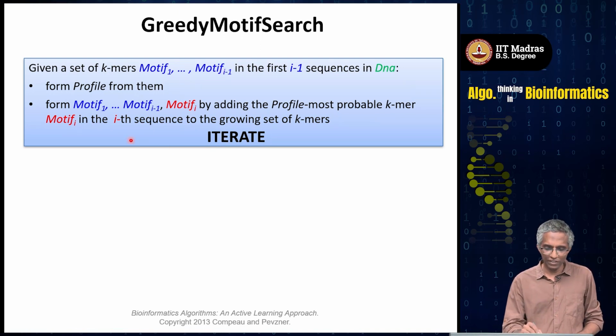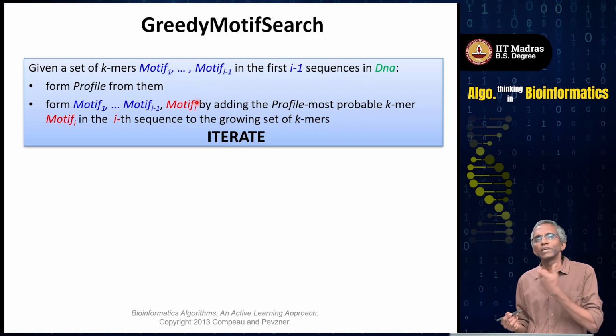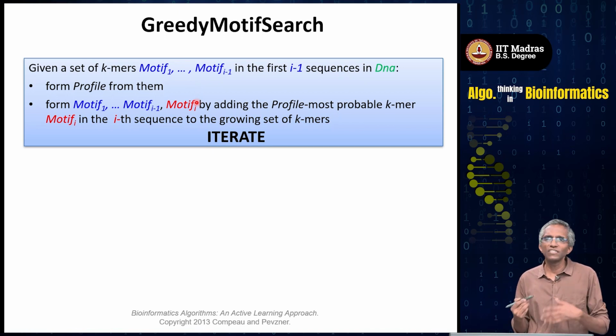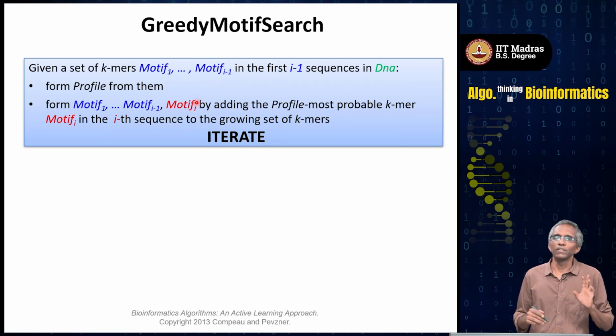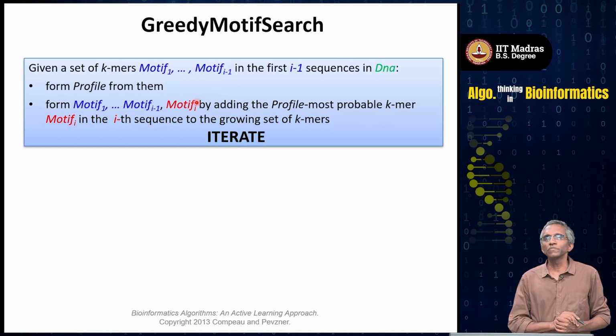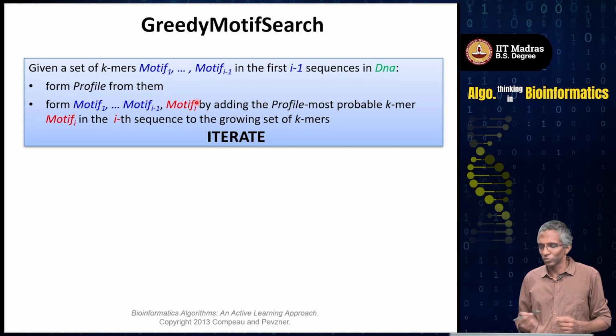Then you can iterate: go back and update your profile, forming it from all of these i motifs, then go to the i plus 1th string and figure out the best motif there. So this is a simple greedy algorithm that is immediately implied by looking at the profile representation of your motifs and then looking at the profile most probable k-mer in an input sequence.